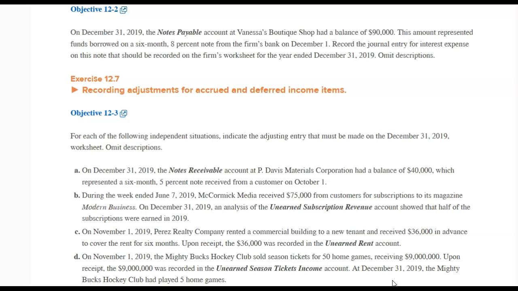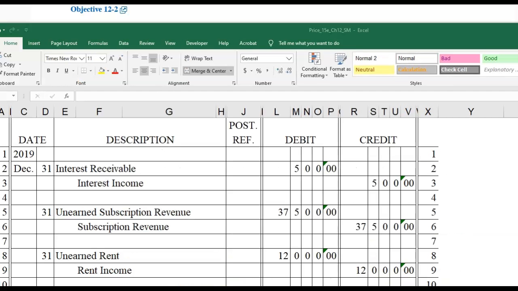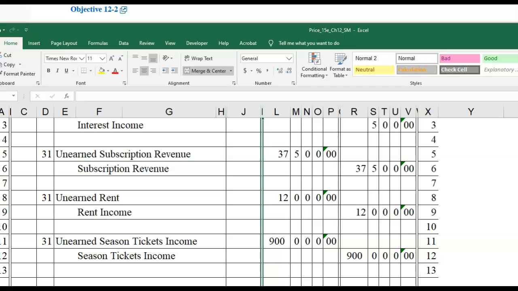Take the 9 million divided by the 50 home games, times 5 home games, and you should get $900,000. So you're going to debit unearned season ticket income and credit ticket income that has already been earned, for the 5 games.